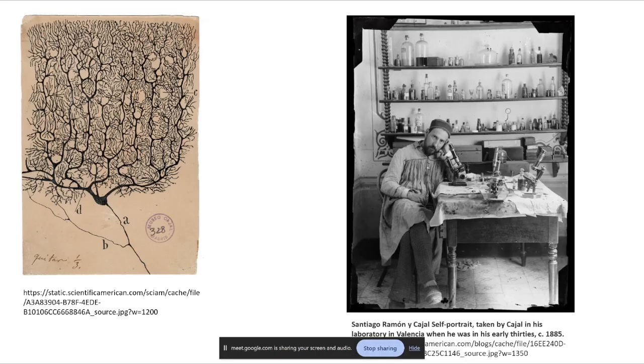But his father, who was himself a surgeon, wanted Cajal to study medicine. Having been asked by his father to study medicine, Cajal ultimately went on to finish his studies in medicine, and he also became a military doctor for a while.